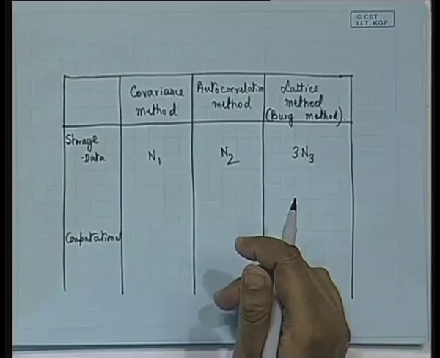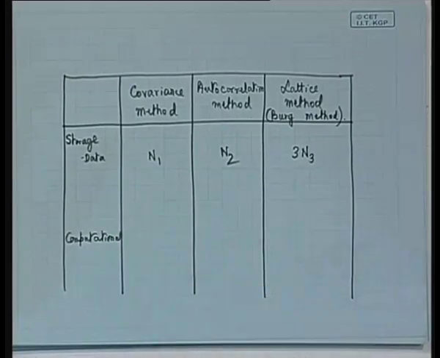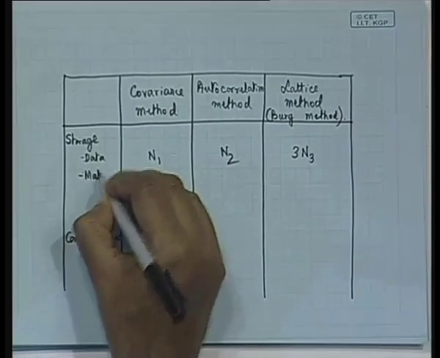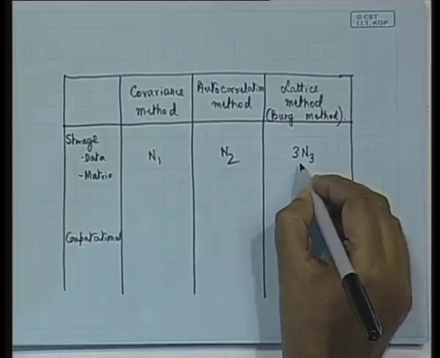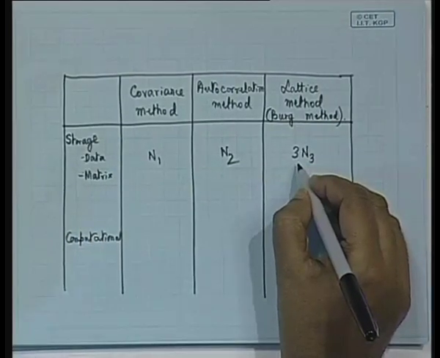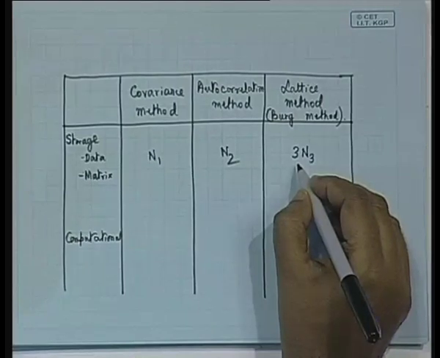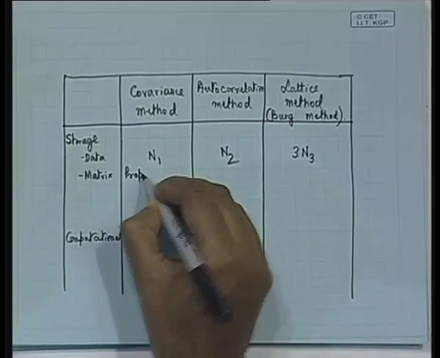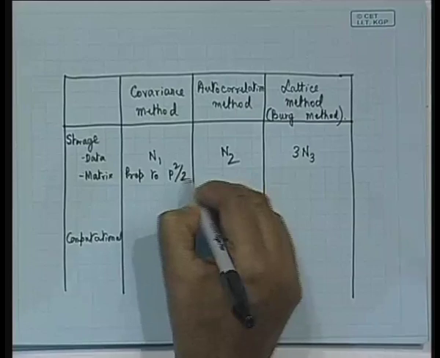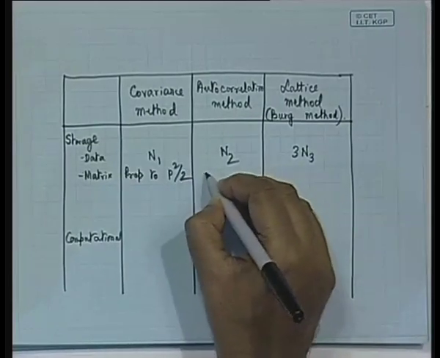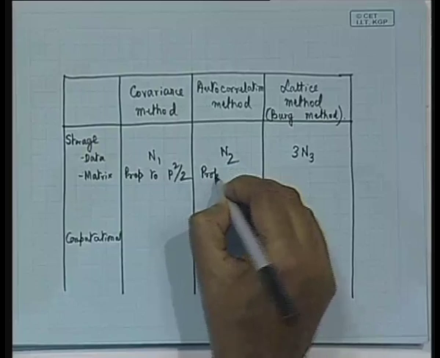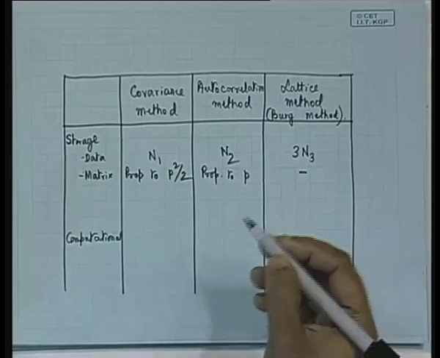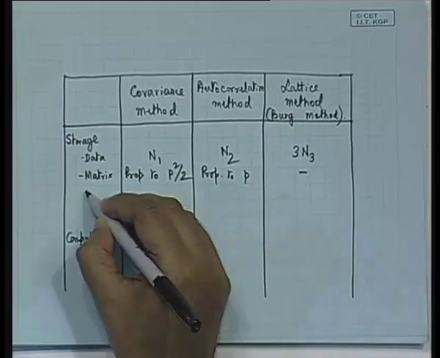You have to store the data, the forward errors, and the backward errors. For the matrix, here it is proportional to P squared by 2, and in the case of autocorrelation it is proportional to P, and there is no matrix storage required in the lattice method. So here the question does not arise.